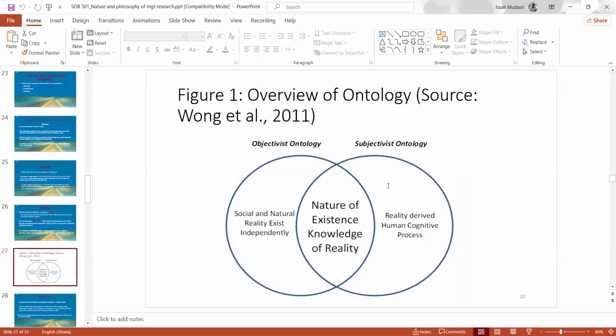Okay? It means that then that social construction can change reality. And that's the point of view of the subjectivists. So the subjectivists will say that reality is derived through human cognitive processes. You can even decide and manipulate what is real.